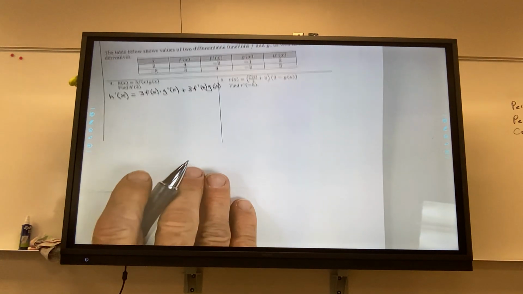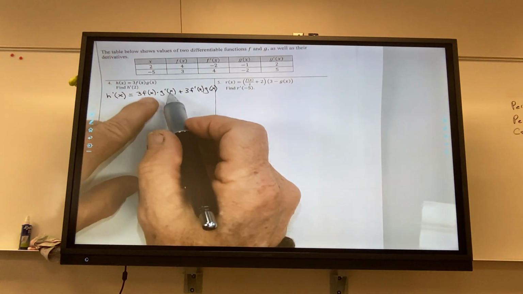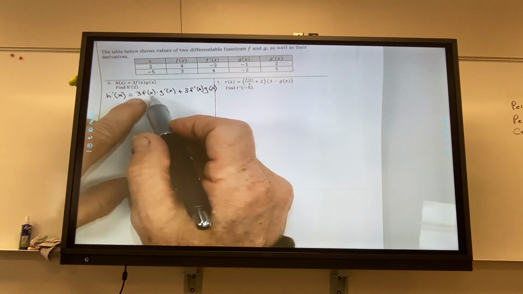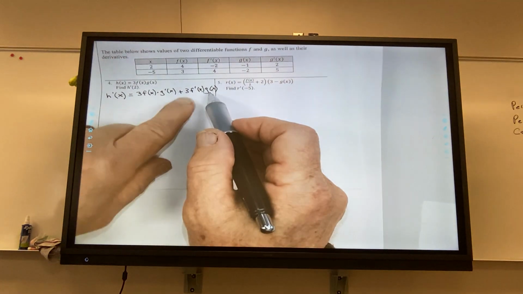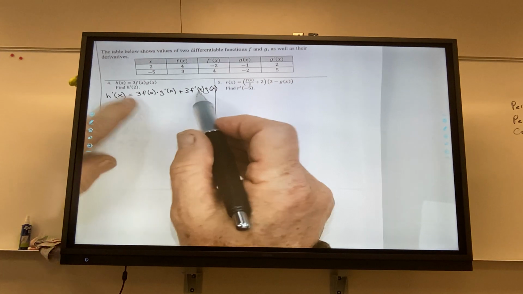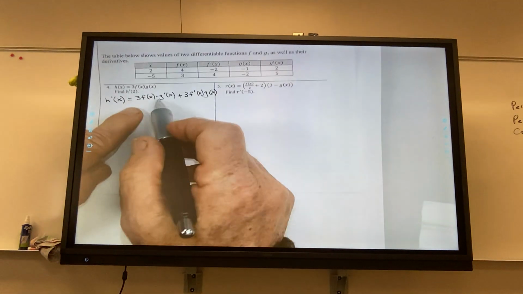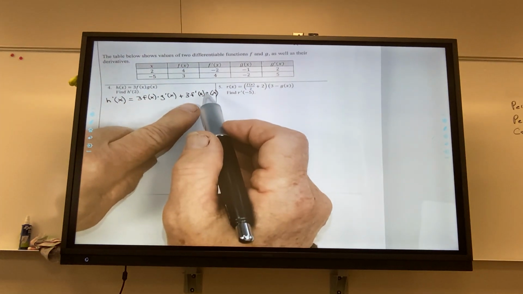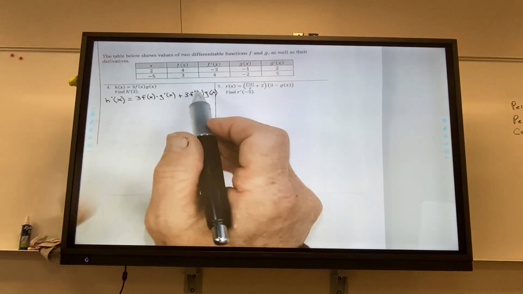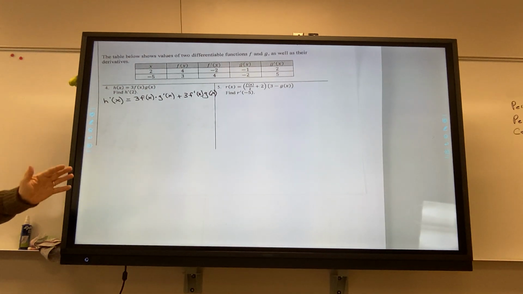If Callan or Ella were to do this, they'd have the 3 here, but they'd have them switched somehow, okay? Which is okay. The 3 just stays there because it's a coefficient. It's there tagging along.